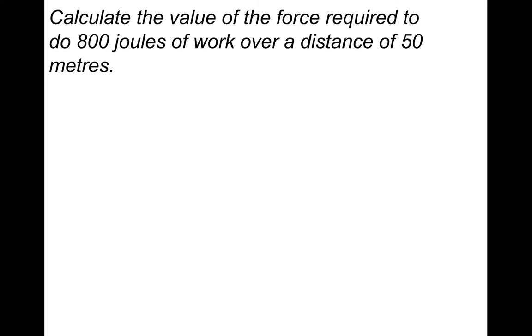So this one, if you want to pause and have a go, calculate the value of the force required to do 800 joules of work over a distance of 50 meters. So once again, work done is force times distance. Hopefully you've got all these right and you're just checking your answers. So the work done for this one is 800 equals the force, which is what we're looking for, so we'll call that F, times 50.